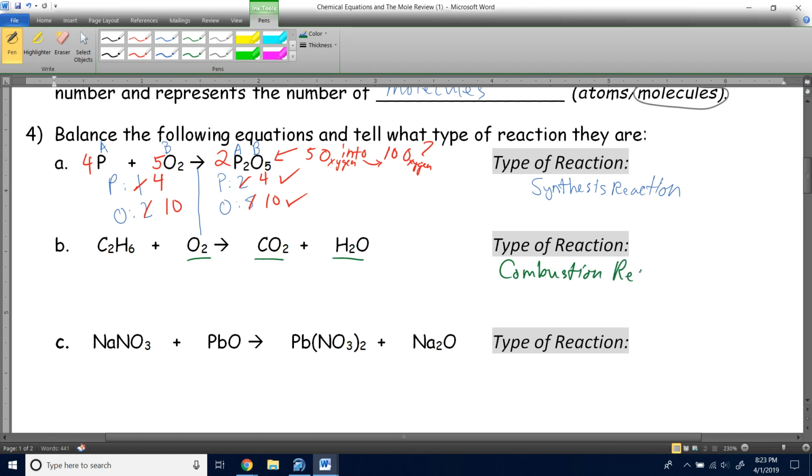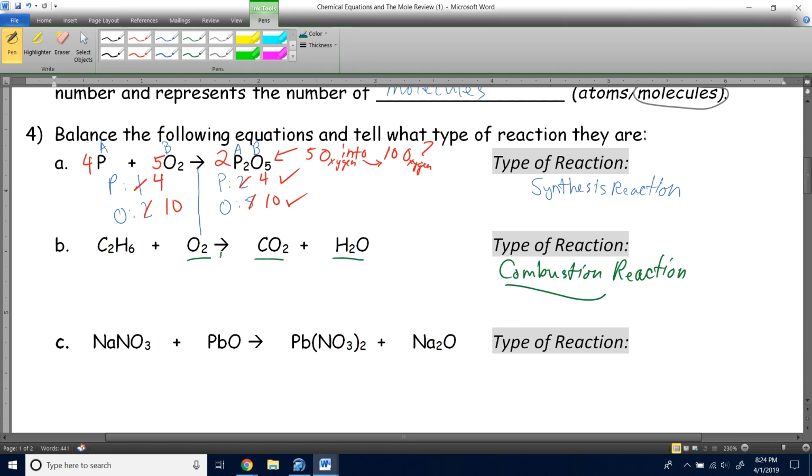So this is where it comes down to you guys studying the types of reactions and being able to identify these patterns. If there's a product of a carbon dioxide and a product of a water molecule, boom, there is your reaction, okay? Combustion reaction. All right.